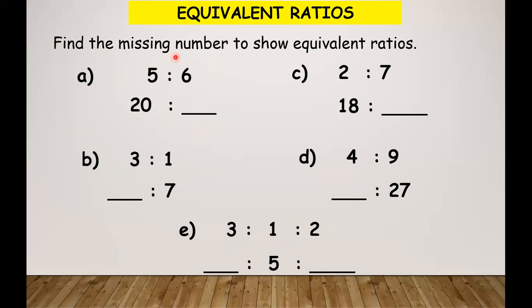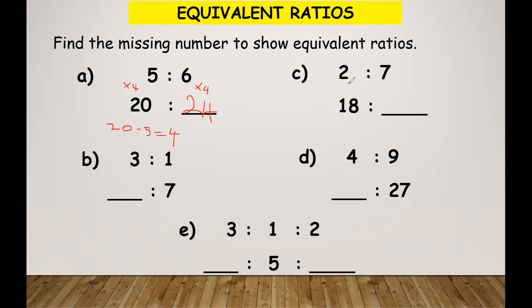Or, in a simple way, you divide 20 by 5, which is 4. So when we multiply 5 by 4, we get 20. What you multiplied 5 by, you also multiply 6 by. So 6 times 4 is 24. The equivalent ratio of 5:6 is 20:24.